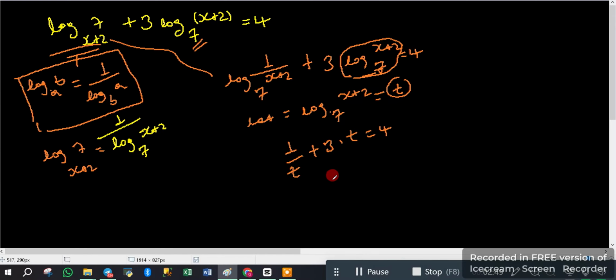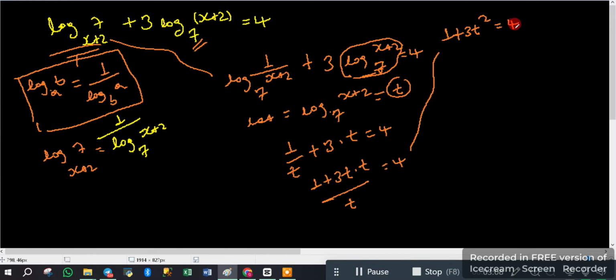So this will be just 1 plus 3t squared over t is equal to 4. So it will be 1 plus 3t squared is equal to 4t. Then 3t squared minus 4t plus 1 is equal to 0.